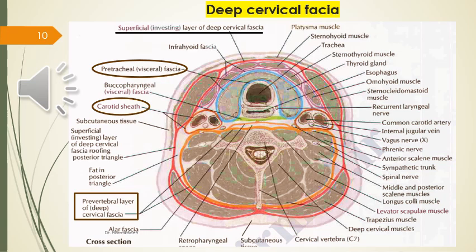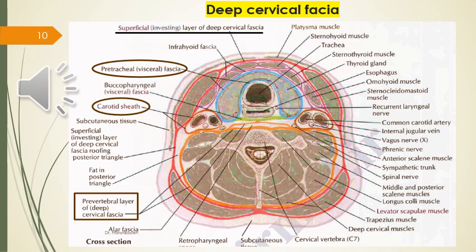The deep fascia then divides into several layers, as I said in the past slides. One of them is the prevertebral fascia, which covers the prevertebral muscles and essentially covers the posterior part of the neck or posterior triangle. It continues and participates in forming the axillary sheath at the end.